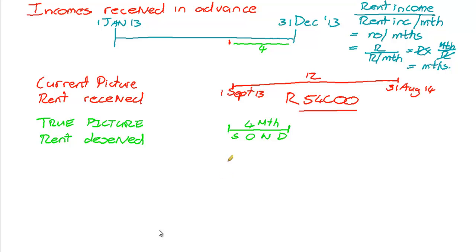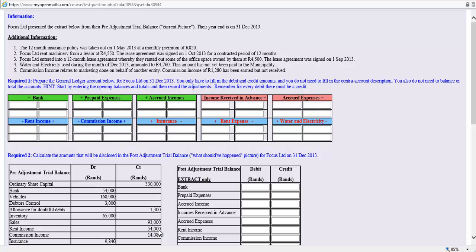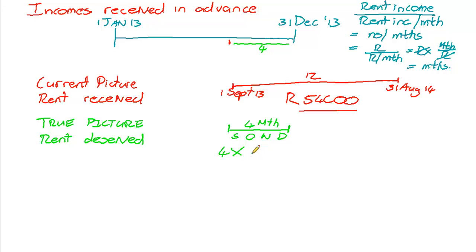So 4 months rent is 4 times 4,500 Rand. I'm just going to do this in my head. 4 times 4 is 16, plus 4 times 5 is 2, so that's going to be 18,000 Rand.